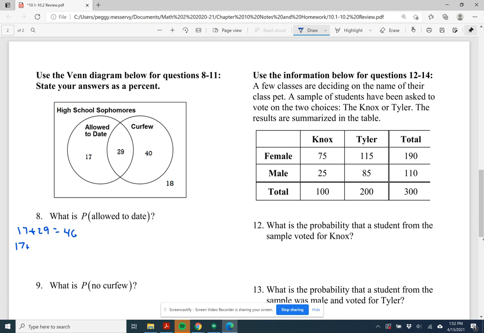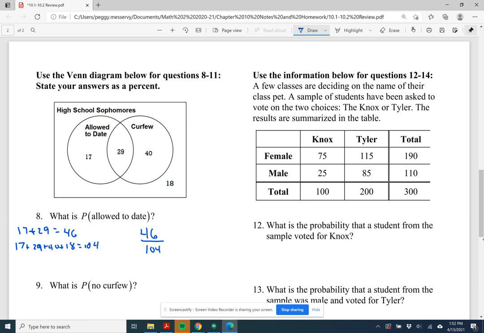How many sophomores are there altogether? 17 plus 29 plus 40 plus 18. Add them up, you get 104. That total is 104. So the probability that they're allowed to date is 46 out of 104.